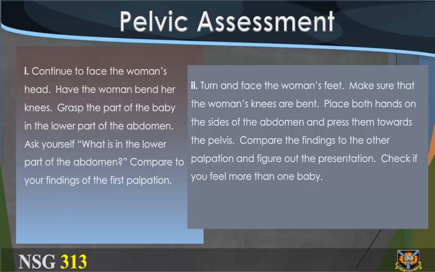Make sure that the woman's knees are bent. Place both hands on the sides of the abdomen and press them towards the pelvis. Compare the findings to the other side. Compare the findings to the other palpation and figure out the presentation. Check if you feel more than one baby.